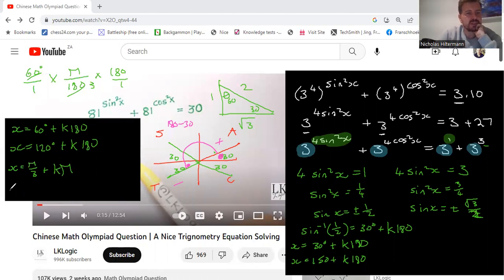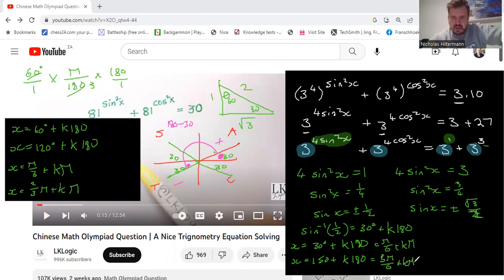And then the 120, that's going to be 120 over 180, which is 2 pi over 3 plus k pi. And then for the 30 degrees, 30 over 180 is pi over 6. So in radians this would be pi over 6 plus k pi, and this would be 5 pi over 6 plus k pi.